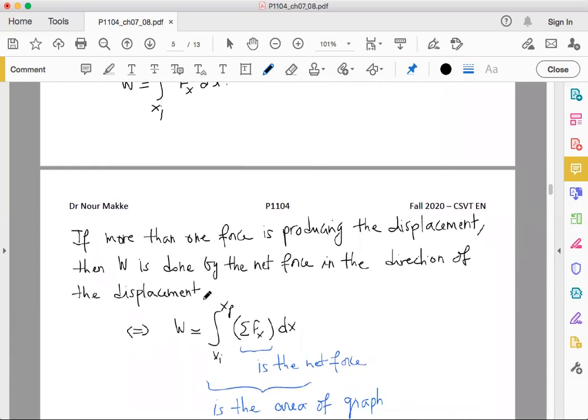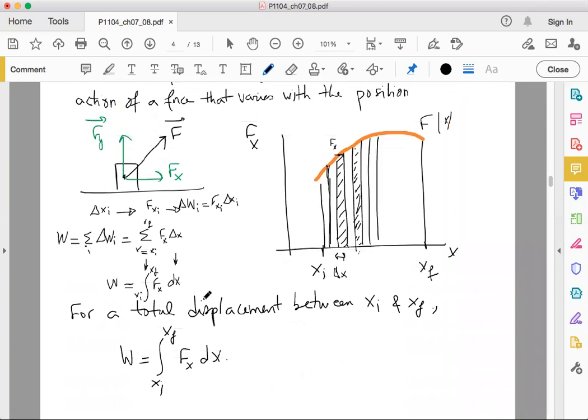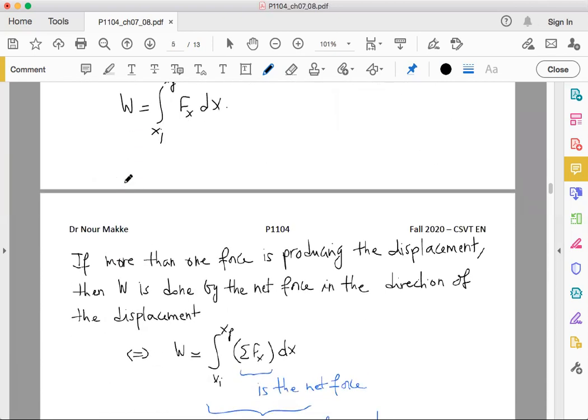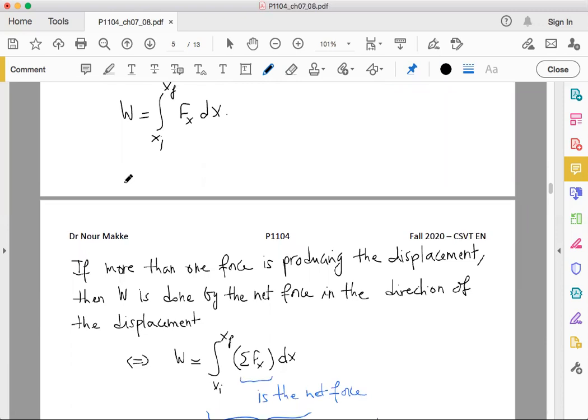Now, if you have more than one force acting on this object, so you have Fx, Gx, Yx, etc., different forces acting on this object, not only one, that are producing a displacement. Then the work done by the net force in the direction of the displacement, instead of just Fx, we replace it with the summation, sum Fx, where sum Fx is the summation of all the components of all the forces acting on the object.